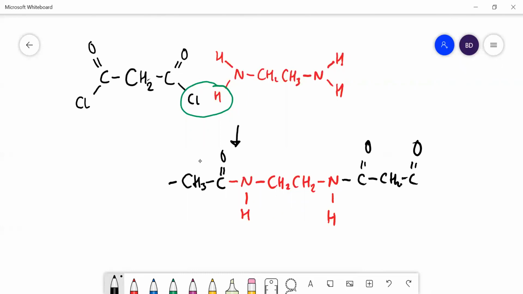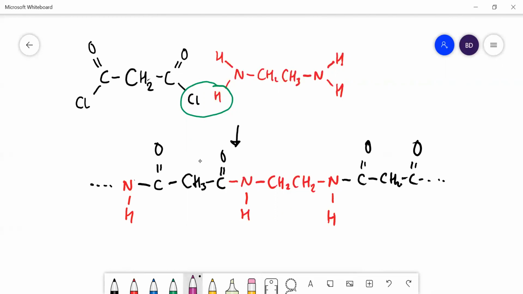And at this end, that's going to carry on there. So if I want to draw the repeating unit, let's start off at the start of this, sorry, that's wrong there. That would be an NH there, wouldn't it?